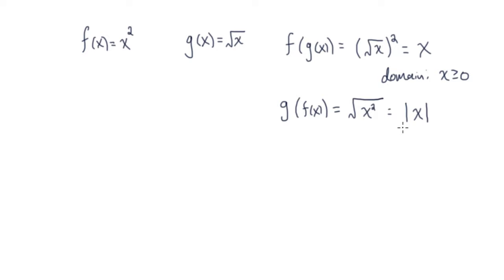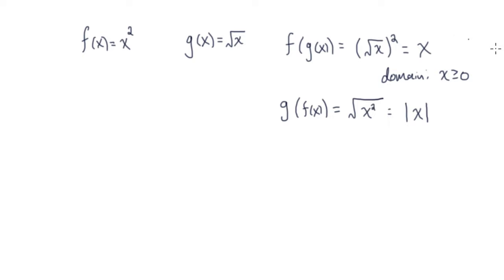We're not going to get any negative numbers. We're only going to get non-negative numbers. And so you see that these two functions are different. They have different natural domains, because I can't plug in a negative number here, and I can plug in a negative number here. So you see that the function composition is not the same.